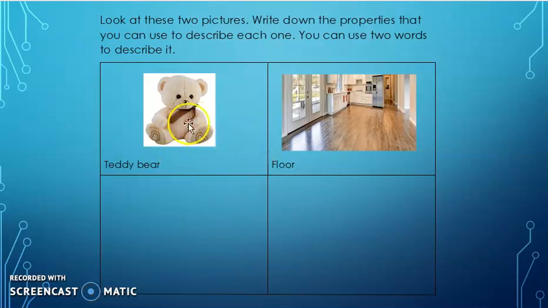So go back to the properties of materials that we discussed to describe the teddy bear. So you can use maybe 3 words from there, 2 words from there. So think about it. And the second one, look at the floor. This is the floor. So try to go over the properties of materials that you think best describe the floor.